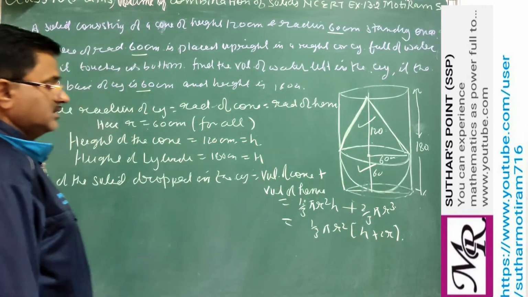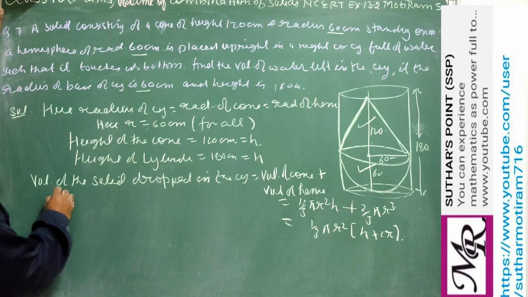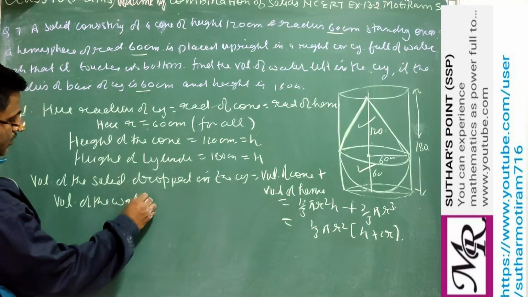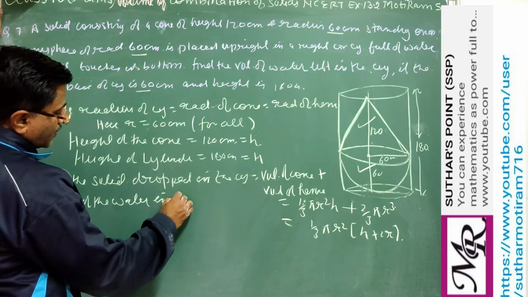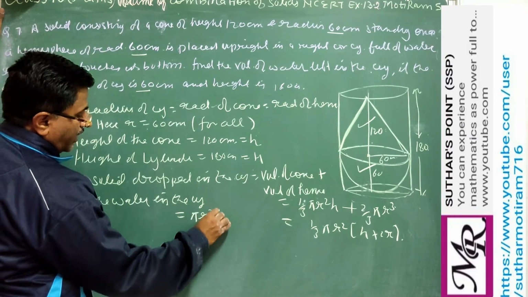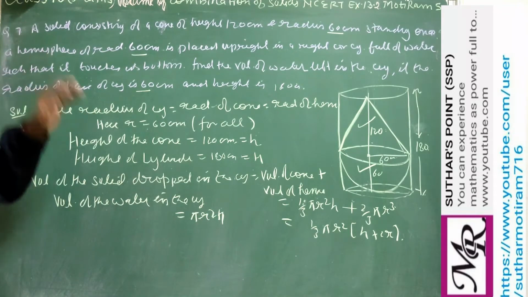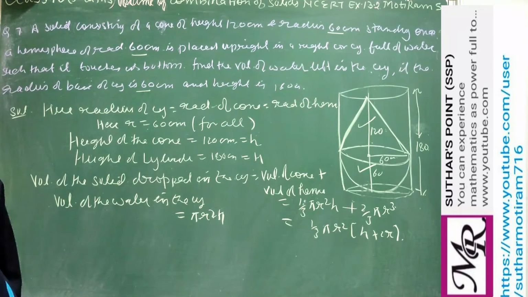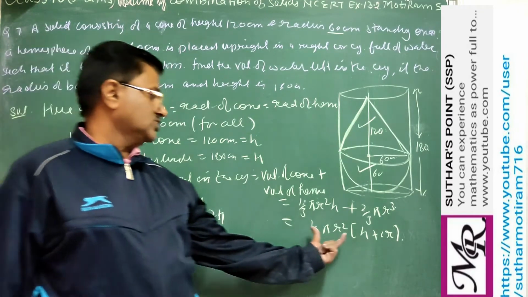And the volume of the water in the cylinder is pi r square, r is the same, H is different. So this volume is there. Clear? Now the volume of the water that comes out will be equal to the volume of the solid.